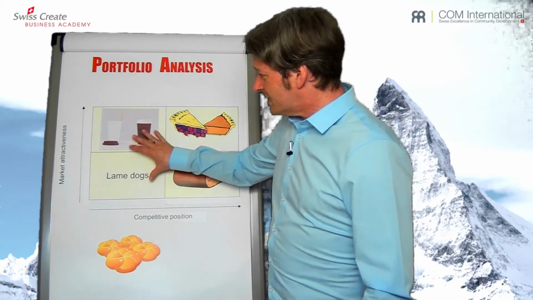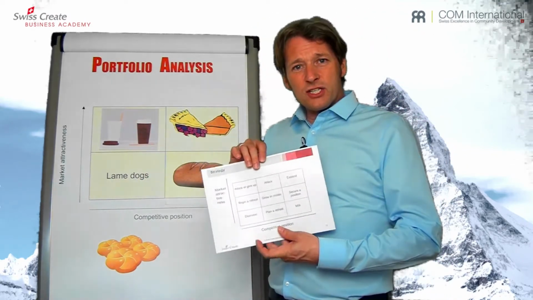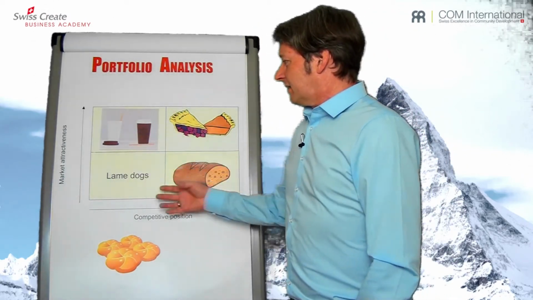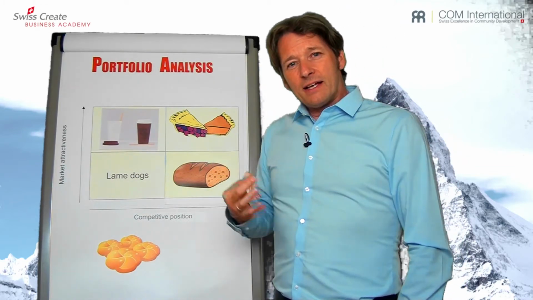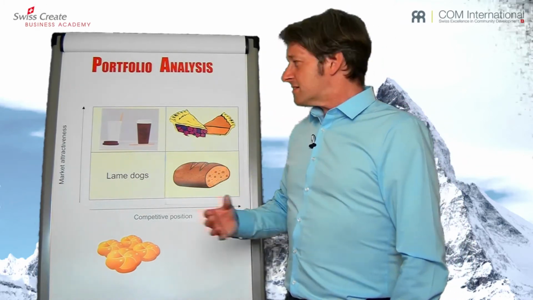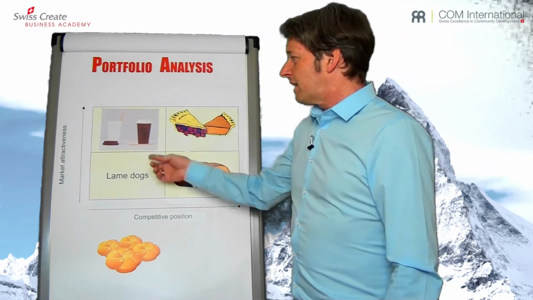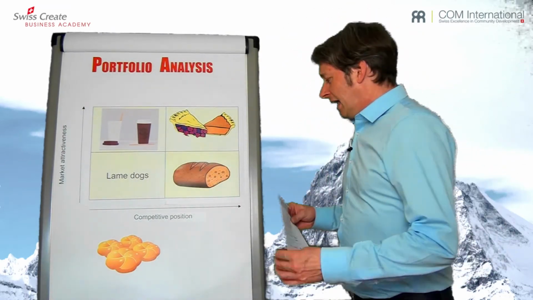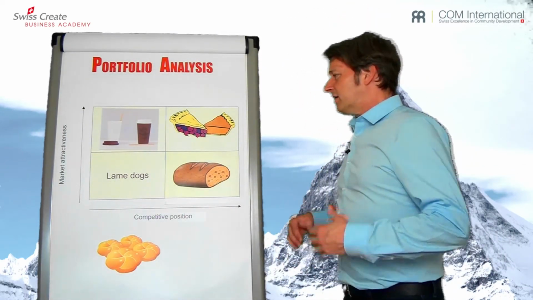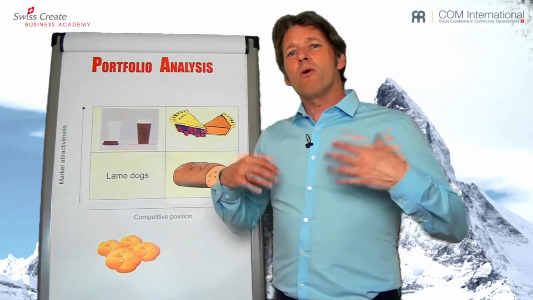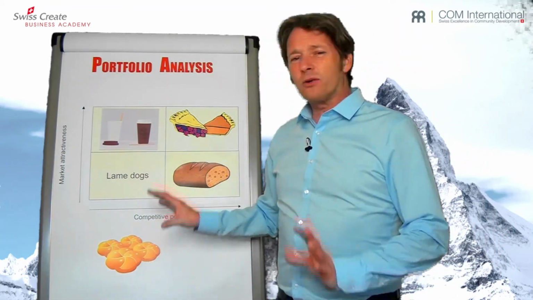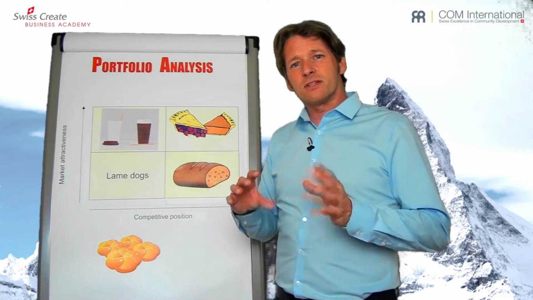And now you can see what kind of strategies you can develop on the basis of this evaluation you have done before. As I already said, you can do this also for more than 4 products. I did it only for 4 products because it's easier to explain.